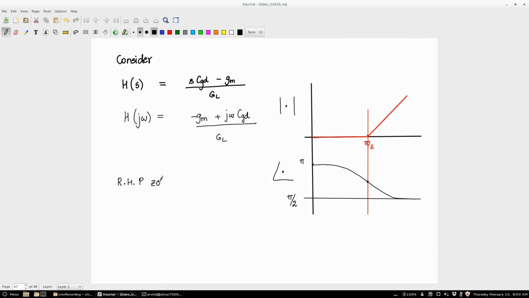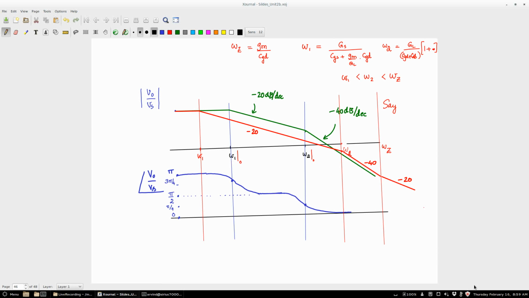And at this corner frequency it will be 3 pi by 4. Correct? So something like that. So this is your phase and that is the magnitude. The point that you should keep in mind is that a right half plane 0 induces what? Phase lead.